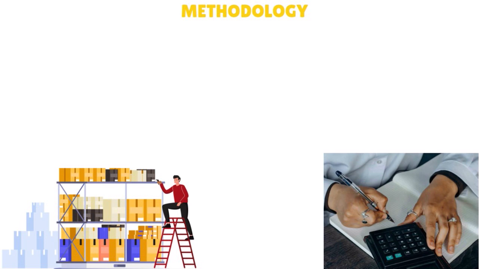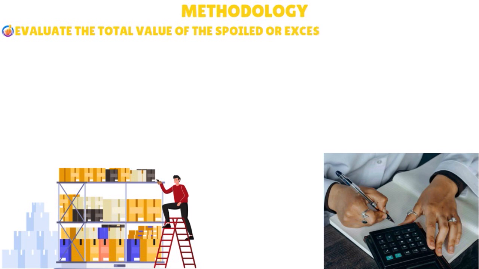When I speak about tracking and identifying damaged inventory, basically what I mean is that you want to evaluate the total value of the spoiled or excess inventory at the end of each accounting cycle. You want to base the valuation on the fair market value, which might be lower than the cost of goods sold originally attached to these items.